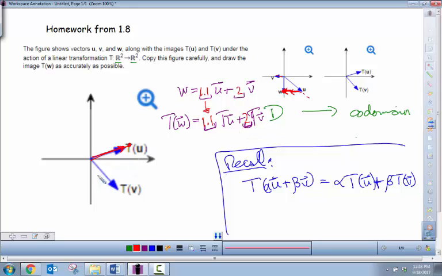But T of v goes down twice as long. So I got this and then another twice as long. I basically want to add these. Remember, when you're adding two vectors, you draw the parallelogram, and the sum is the diagonal. I didn't draw that parallelogram correctly.